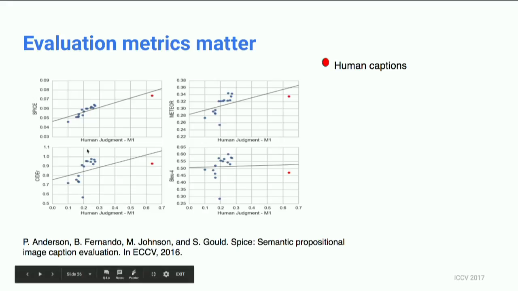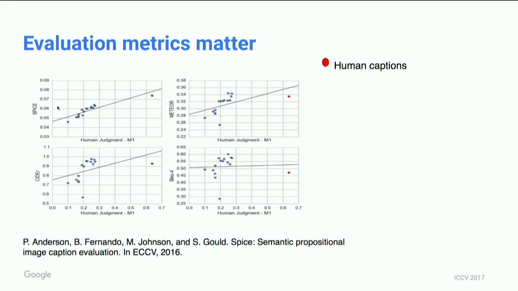What these plots show are the automatic metrics on a bunch of image captions versus what the humans thought of these captions. And what you see is that the machine-generated captions often score higher under the automatic metrics than humans think they should. So the human captions are apparently worse than the machine captions, even though they're obviously better. And that indicates a flaw in these existing metrics.